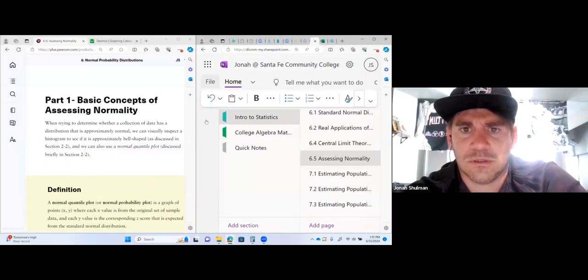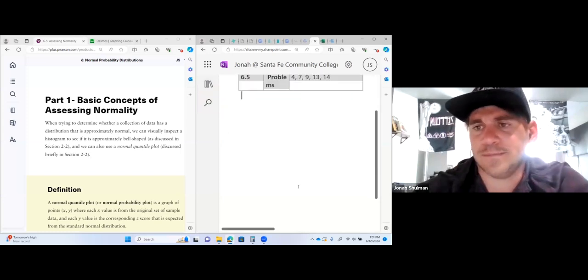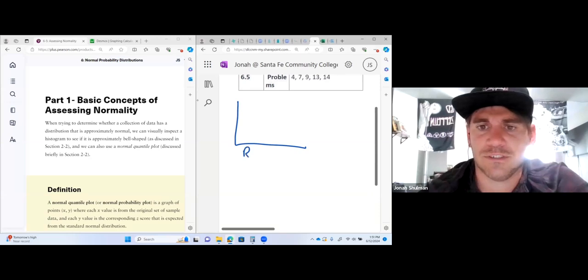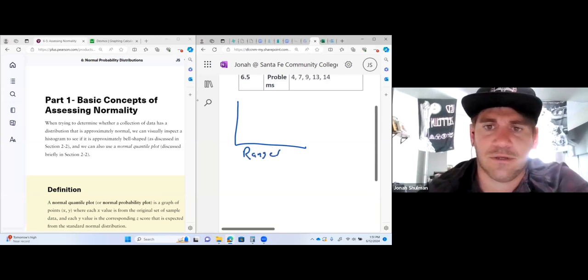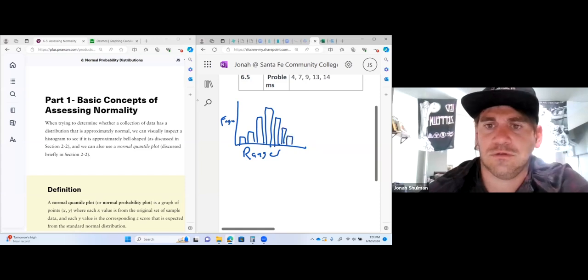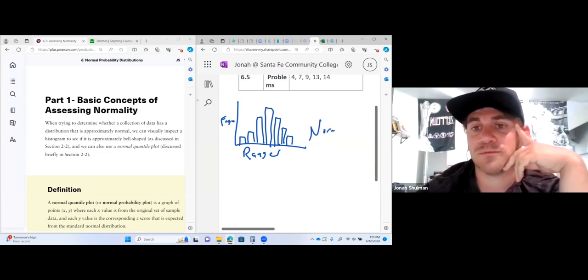Oops. I just have to move this. So normally, what do we got? For our histograms, we've got ranges down here. Then we have frequencies here. And as long as it looks generally like this, we can be like, oh, sweet, it looks normal, right?